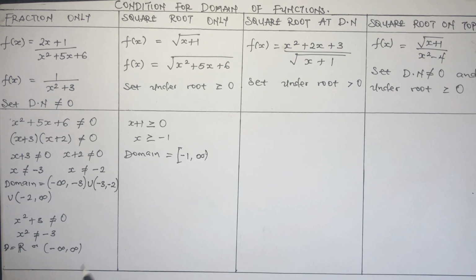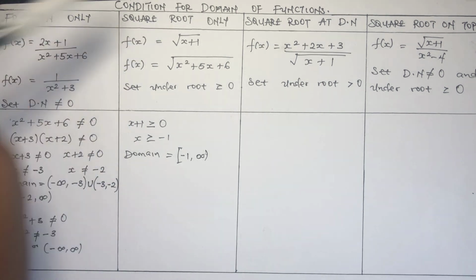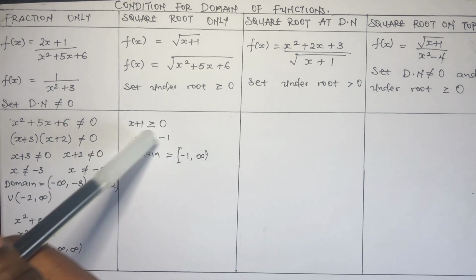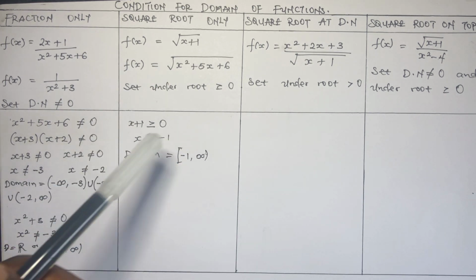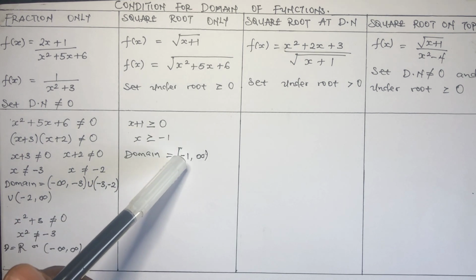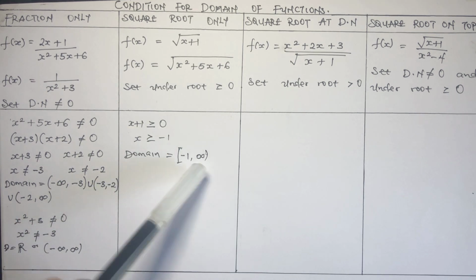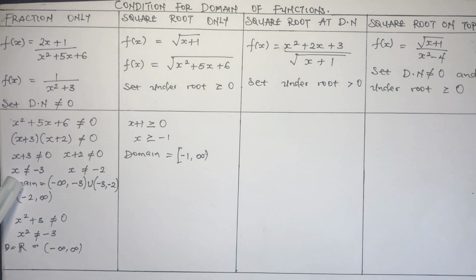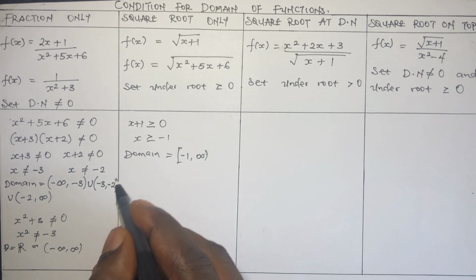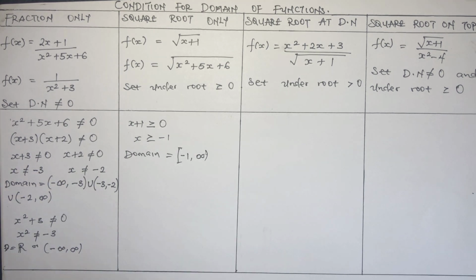So we use the square bracket to represent that x can actually be equal to negative 1, unlike what we have here where x is not equal to negative 3 or negative 2, and that's why we have the parenthesis, or you can call it the normal bracket.